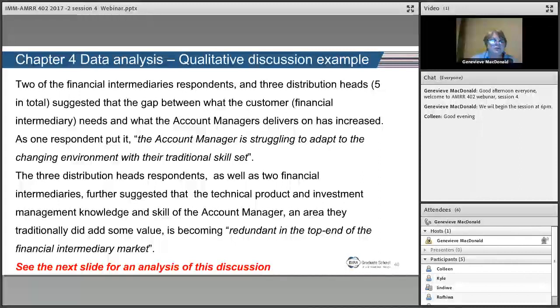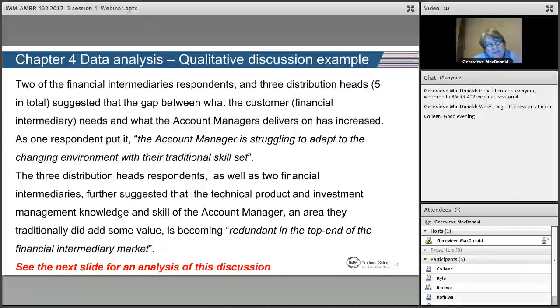As one respondent put it, so you can actually give brief quotes, and please don't give the names of your respondents unless you have written permission to do that. Otherwise, you just name them, say, A, B, C, D, or 1, 2, 3, 4. You can then keep the confidentiality in that manner.